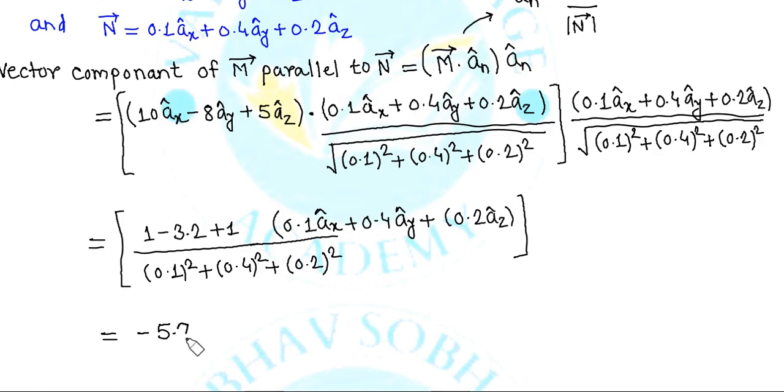Minus 5.7142 into the given vector, that is 0.1 ax plus 0.4 ay plus 0.2 az.